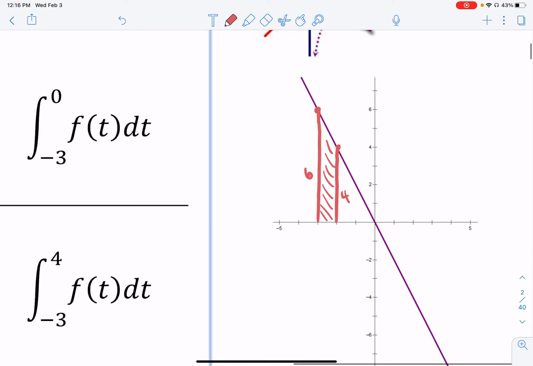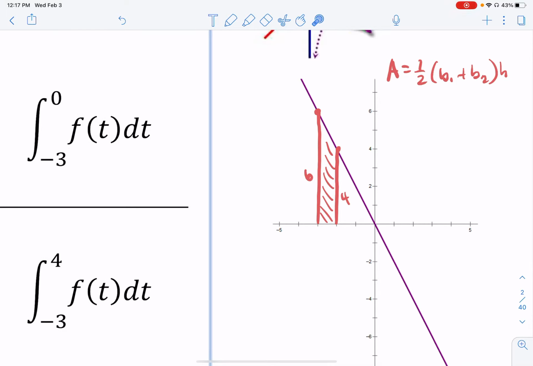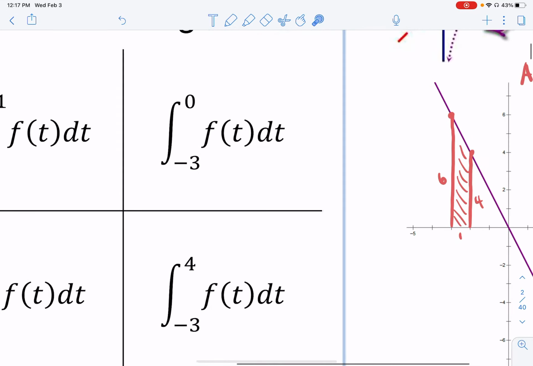Trapezoid area formula, just in case you forgot: half times base 1 plus base 2, times the height, where our two bases are the two parallel sides and our height is 1. You can also think of this as the average of the two bases multiplied by the height. Well, what's the average of 6 and 4? That's 5, times the height of 1, you get a 5.